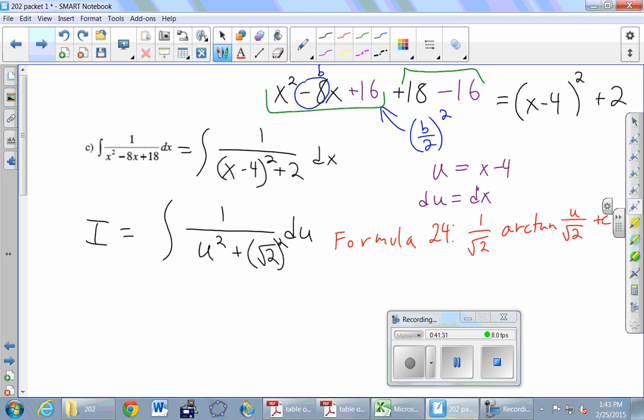The hint is right below what's on the screen. So we're just going to pause for a second and then we'll look at the hint. Right, so last step, just change the u into an x minus 4 and it's done. Questions on this one?